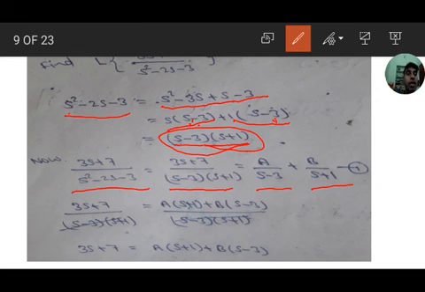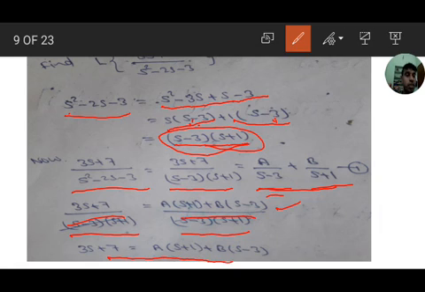Simplify and we get 3s plus 7 by s minus 3 into s plus 1. Here the denominator LCM is s minus 3 into s plus 1. In the numerator we get A into s plus 1 plus B into s minus 3. So the denominator cancels out on both sides. We get 3s plus 7 equal to A into s plus 1 plus B into s minus 3.